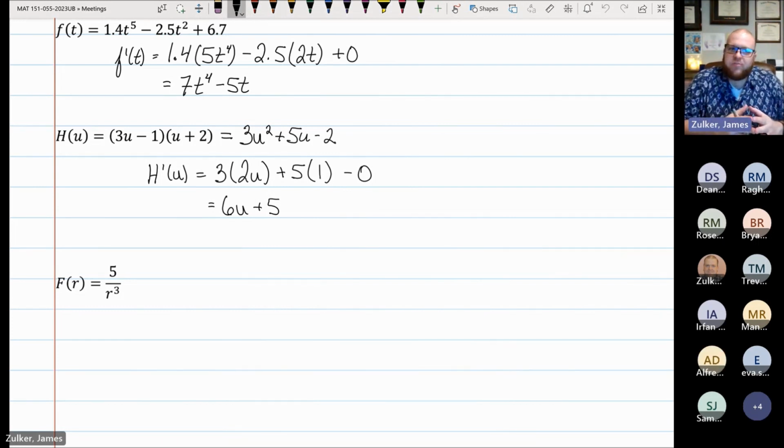However, we can rewrite this. Remember, we're allowed to bring things in the denominator up to the numerator if we raise it to the negative power. So we can write that as 5r to the minus 3.